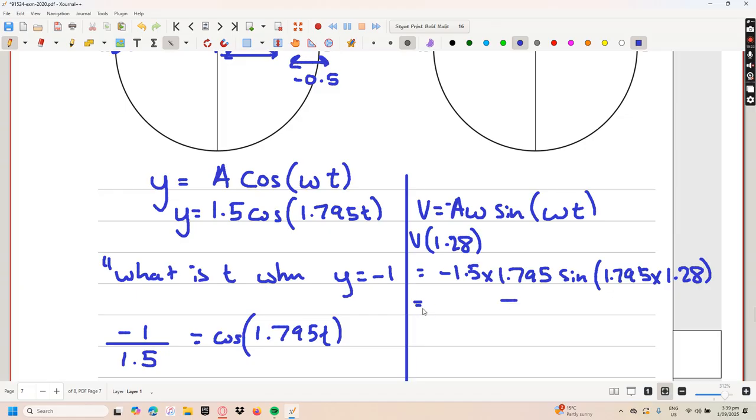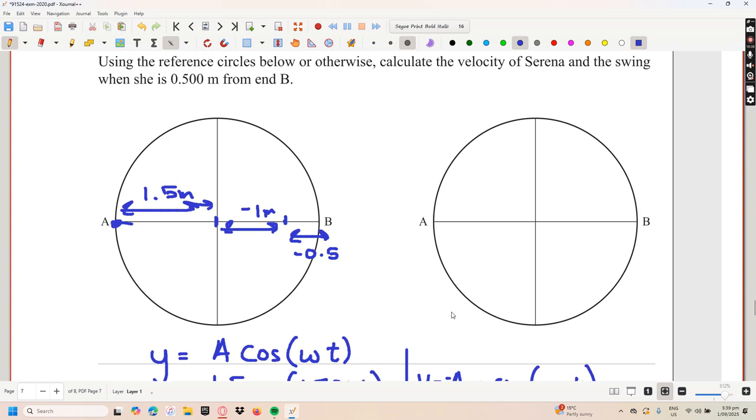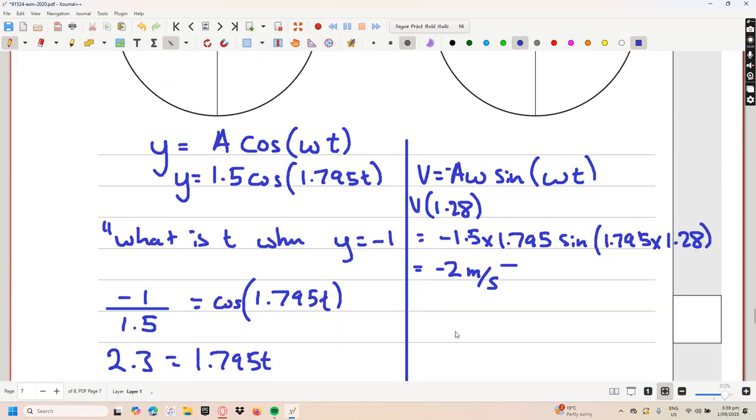If you chuck all of that into your calculator, you should get an answer of about negative 2 meters per second. Negative 2 just accounts for direction. It means it's going 2 meters per second to the right.